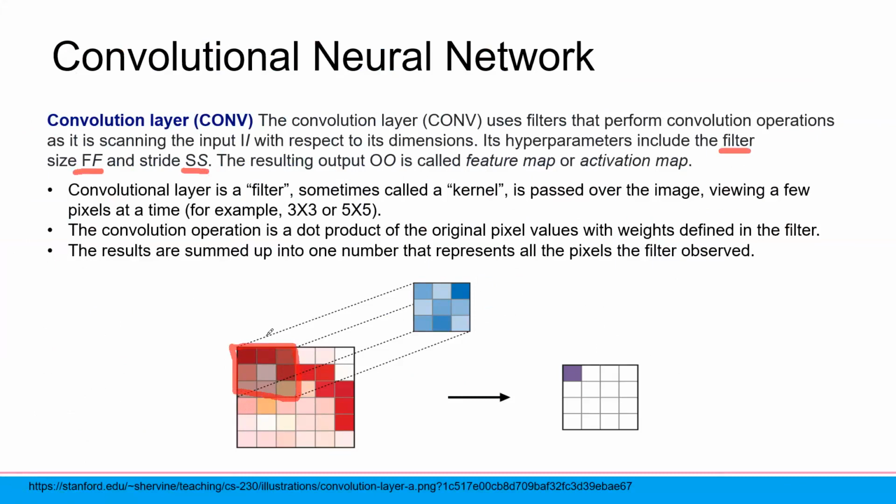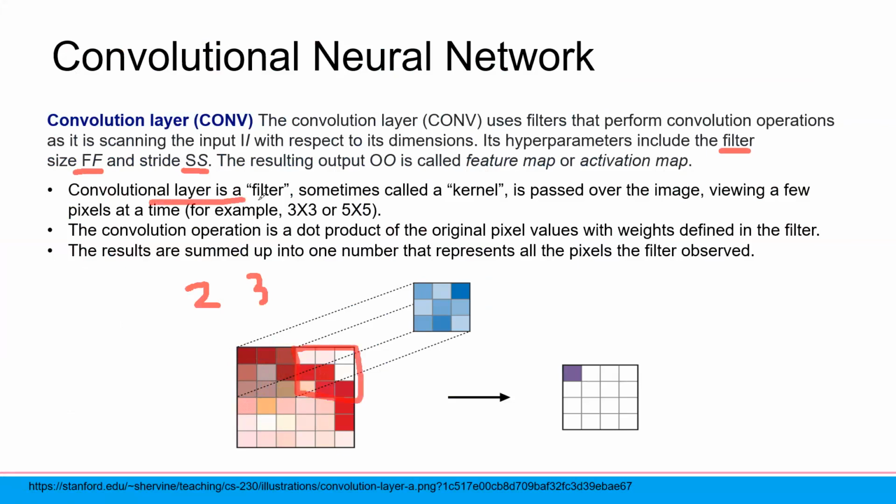Stride means if the stride is 1, then I will move 1 cell. If the stride is 2, then I will move 2 cells. If the stride is 3, then I will start from here and I will move 3. Okay? So it depends on the definition. But usually people just use the stride equal to 1.